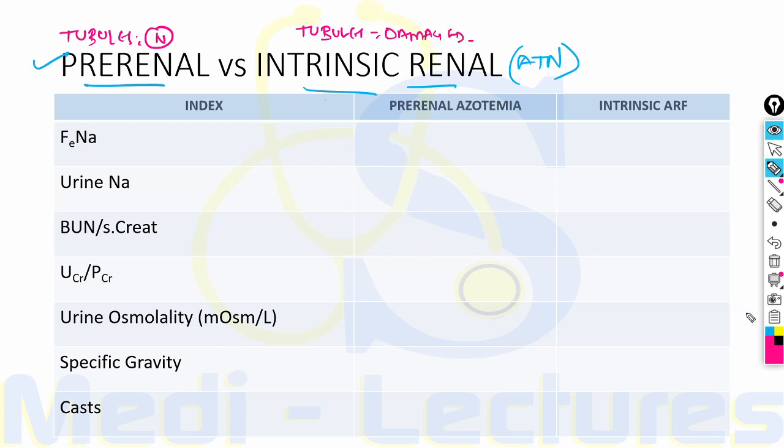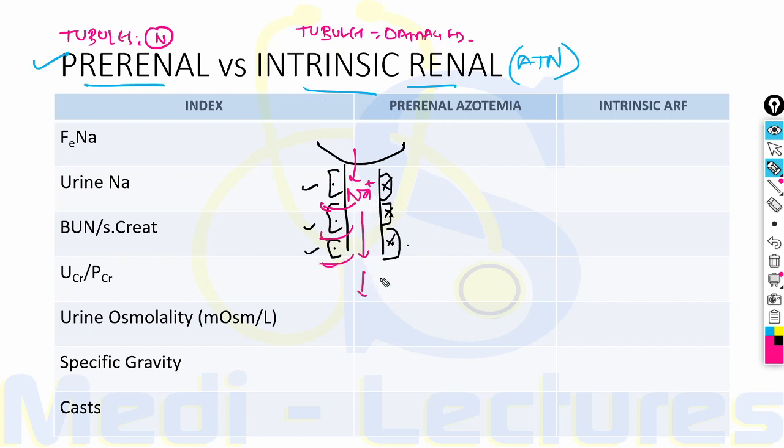So, suppose this is our glomerulus and these are the tubules and these are the tubular cells. These tubular cells will be completely fine in the cases of pre-renal, but these are damaged in cases of renal. So, whenever sodium is filtered through the glomerulus, this will be reabsorbed in the pre-renal causes but will leave the PCT and other tubules unchanged in intrinsic renal failure due to ATN, since tubules are damaged and no reabsorption of sodium will occur.